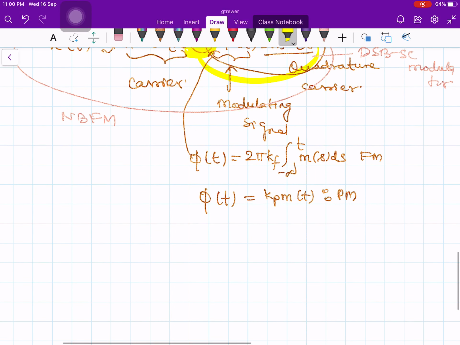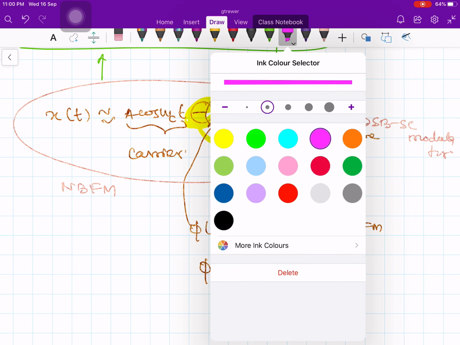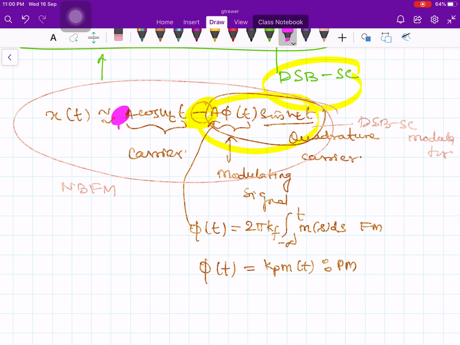In the normal AM signal, you will have a plus quantity here and a plus quantity here. Both are plus, but here this one is negative. So the DSBSC term and the carrier are in the same phase, but here it is out of phase.